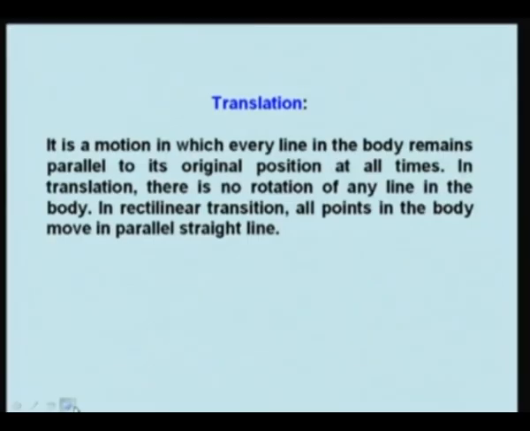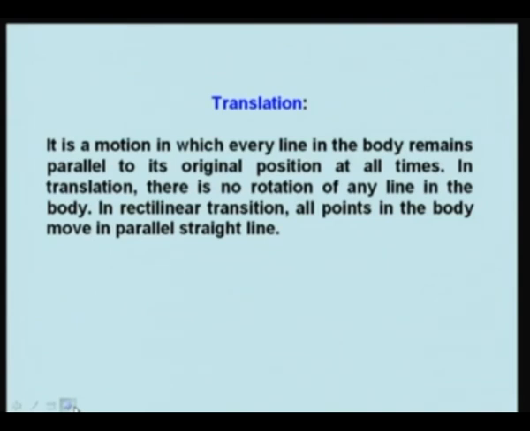Translation: it is a motion in which every line in the body remains parallel to its original position at all times. There is no rotation of the lines in the body. In translation, we have two types of translations.